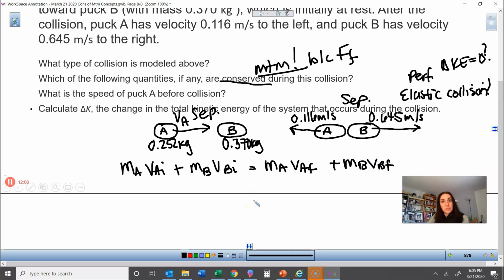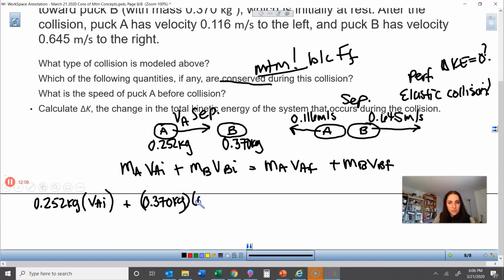So notice instead of 1s and 2s, I did A's and B's, but it's the same kind of concept here. So this is a very long equation, so I'll start here. So the mass of this times V, don't know that, so that's the variable, plus MB, which is this mass, times its initial velocity, which is nicely 0, equals M. So the same M as before, so I gotta be careful, make sure I write down the right number, times VAF.